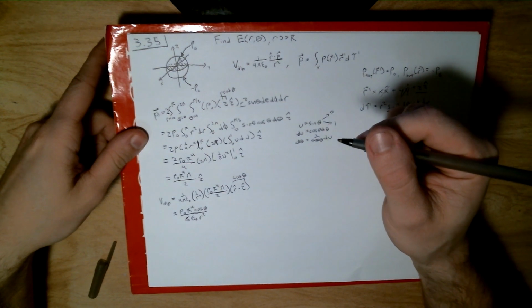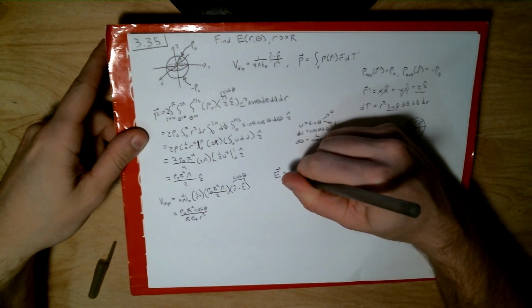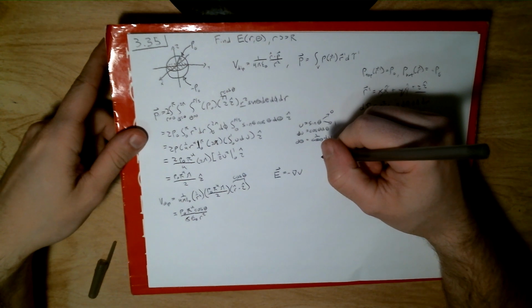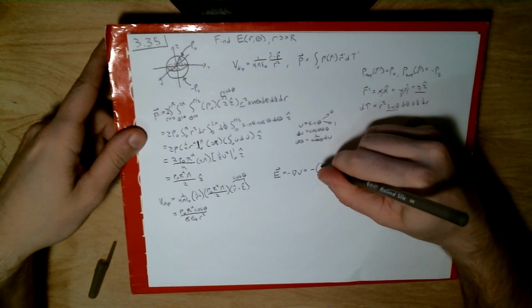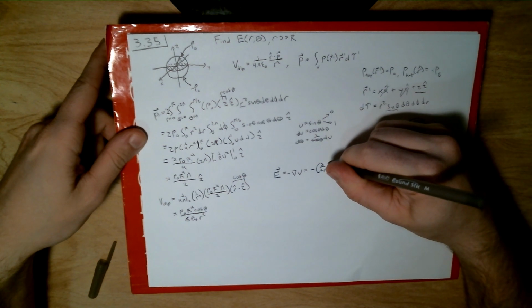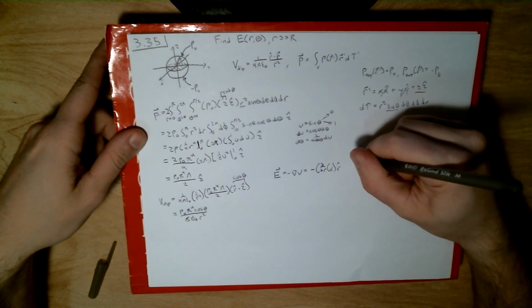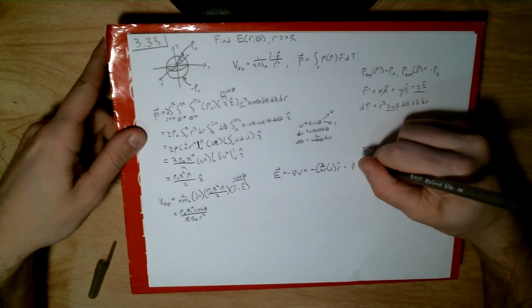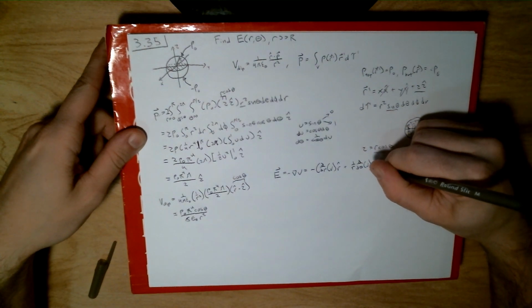We're not done yet though, as we need to find the electric field, which is given by our negative gradient of the potential we found. And in spherical, this is going to be negative partial with respect to r of our potential in the r hat direction, and then plus 1 over r partial with respect to theta of our potential in the theta hat direction.